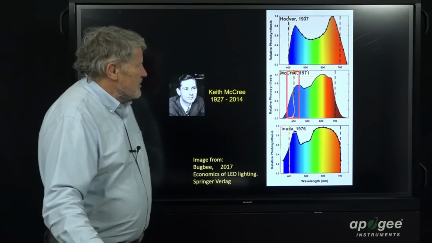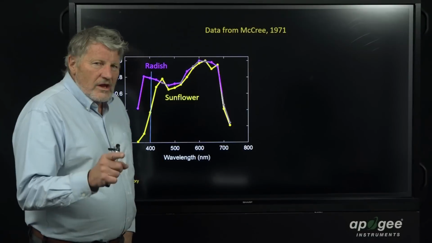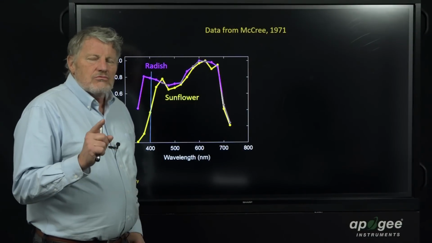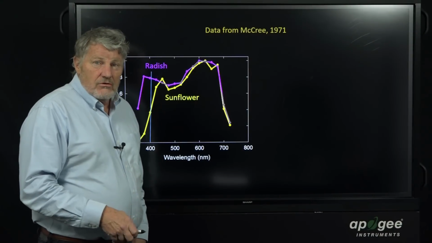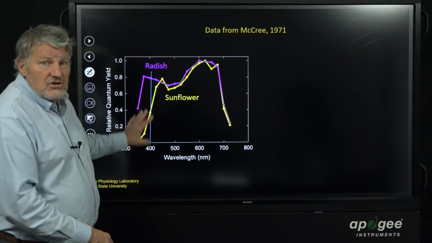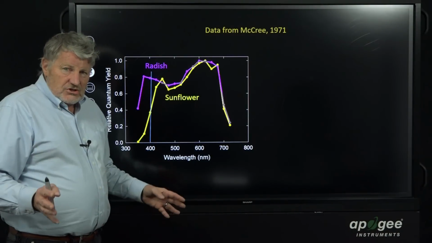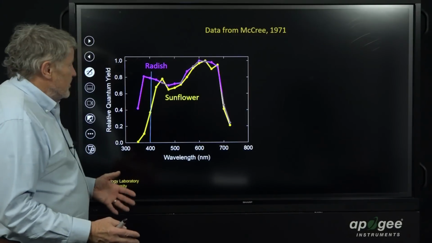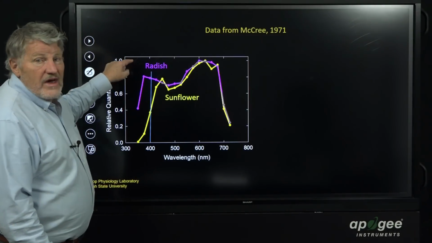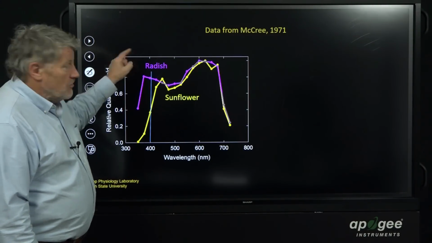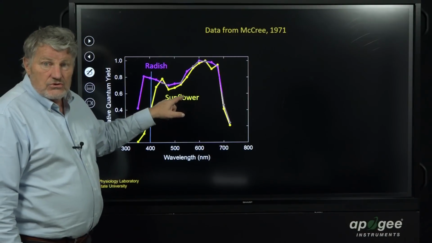I'm going to blow this up. What McCree found was a large species variability in response to these UV photons. He studied 21 species, and I've taken from his data the one that was the most responsive to UV and the species that was least.